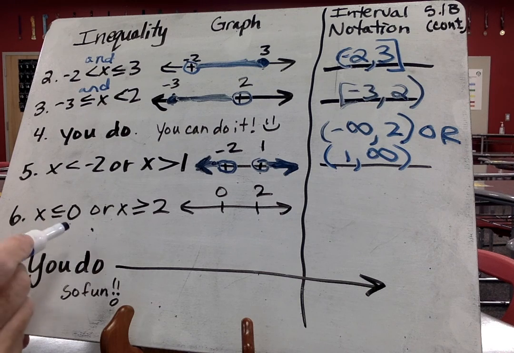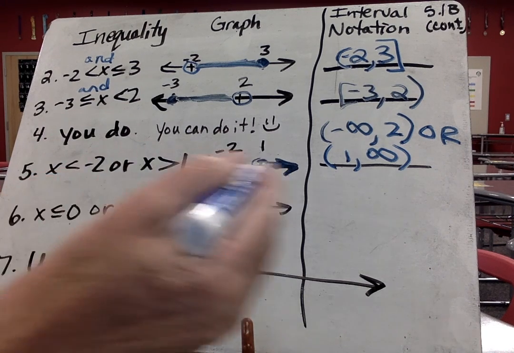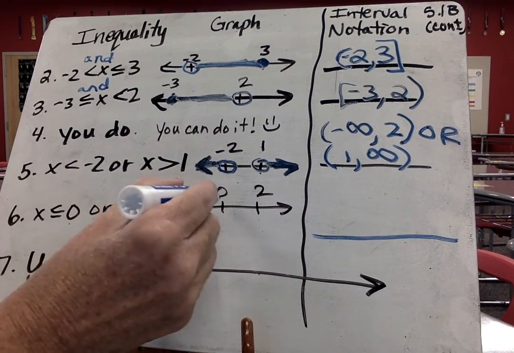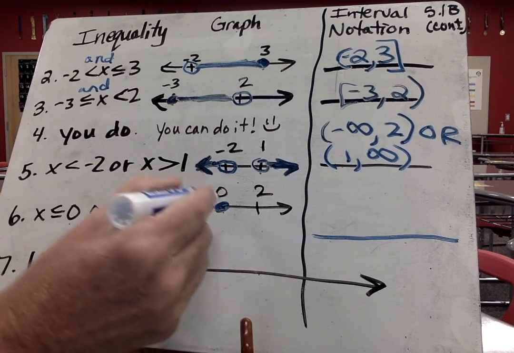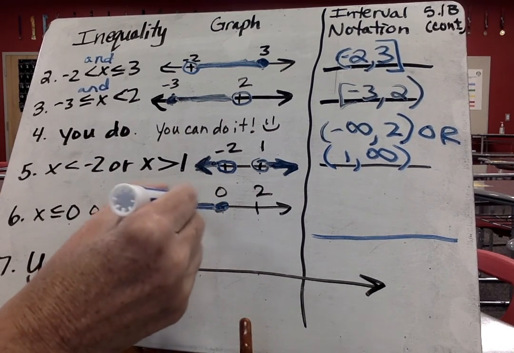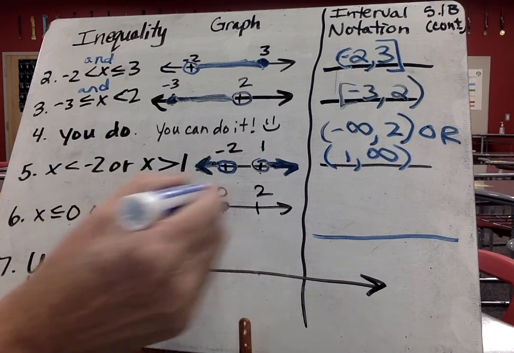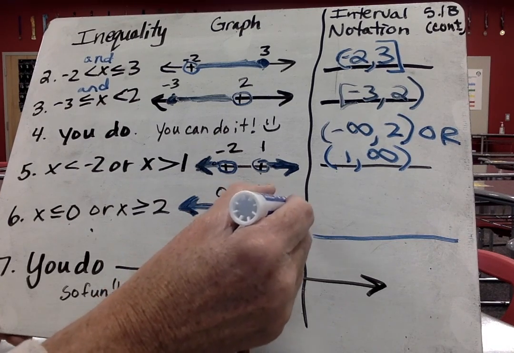X is less than or equal to 0, or x is greater than or equal to 2. Since it's an or, we're going to have an interval notation with two of them, but we're going to graph this less than or equal to 0 because it's or equal to, more ink, shade to the left. Or x is greater than or equal to 2, again, more ink, shaded to the right.